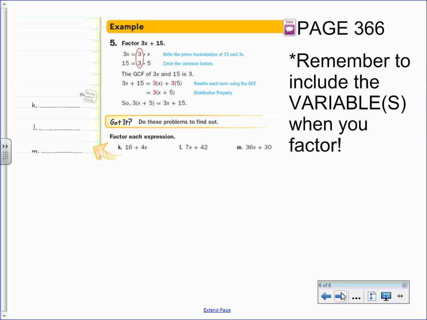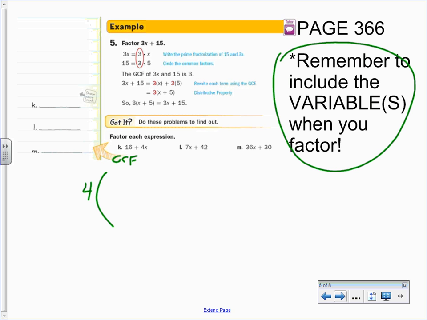All right, now the ones with the variables. Don't forget to include the variable. You need that, right? Like this one, GCF's 4. So 4 on the outside. 4 times what is 16? 4 times 4 plus, now here's the tricky part. 4 times 1 is 4, so 4 times 1x is 4x. But think about what 1x means. It means x times 1, whatever x is.